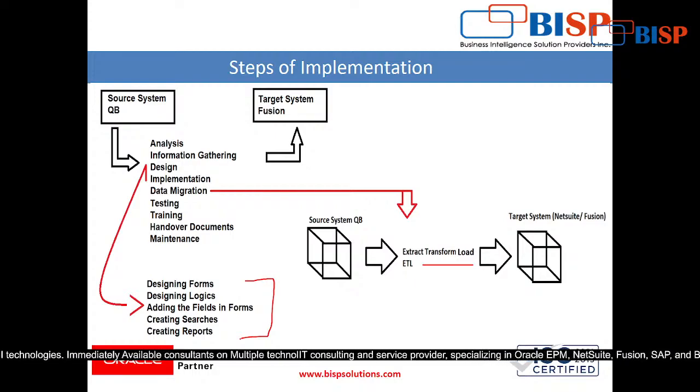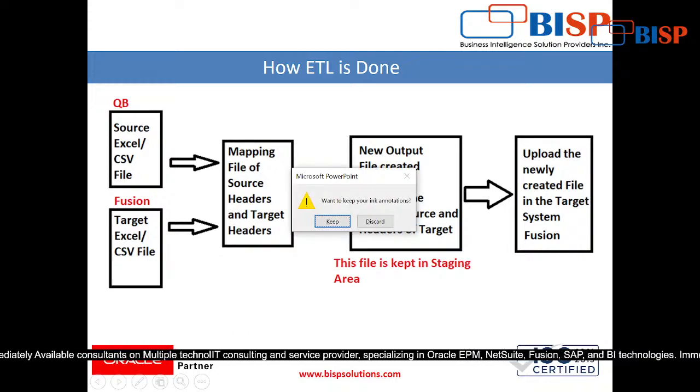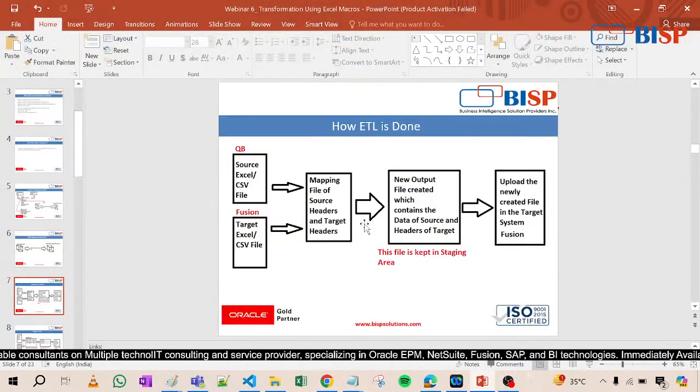Now let's move further. When you are talking about the analysis part and all these things, you have to create the BRD first. And what is BRD? BRD means business requirement document, and this we have to create on our own.